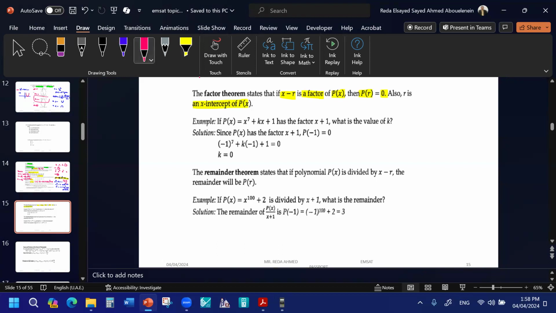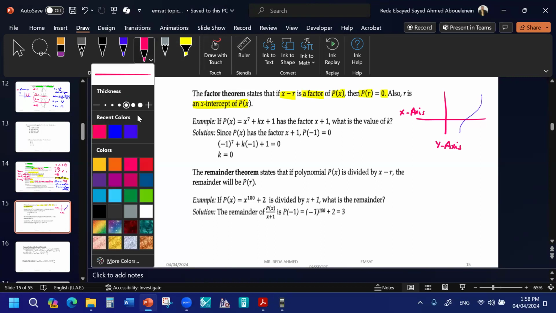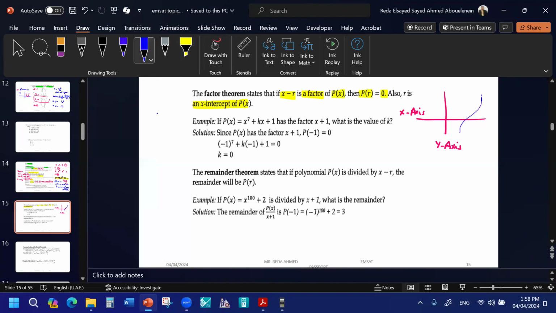For example, if I have the x-axis and the y-axis, and this is r, then we have a polynomial that cuts the x-axis at r.